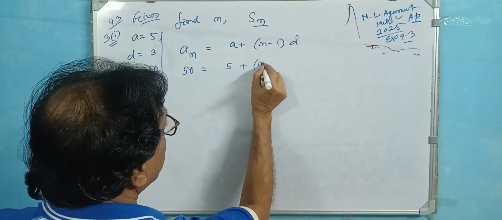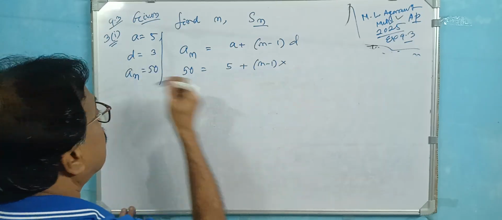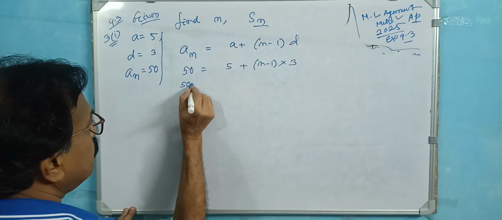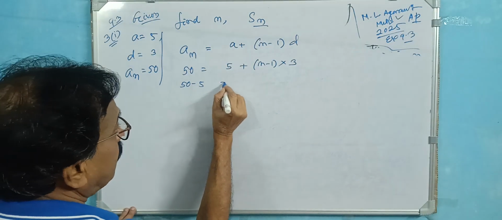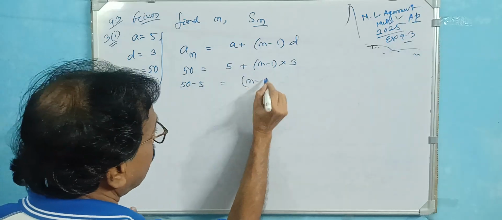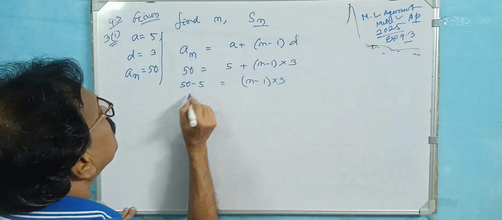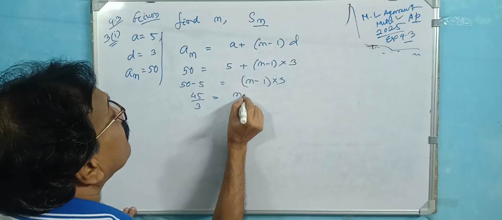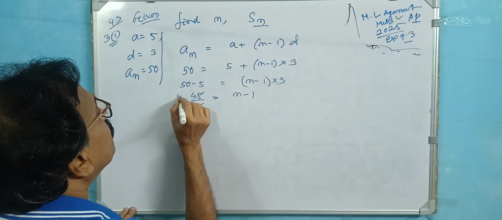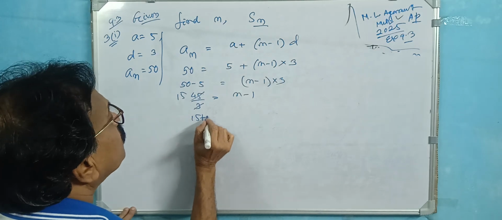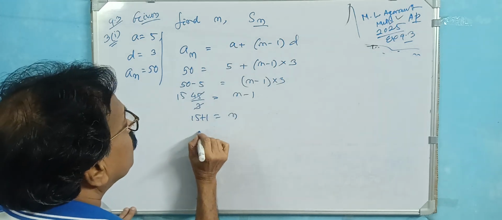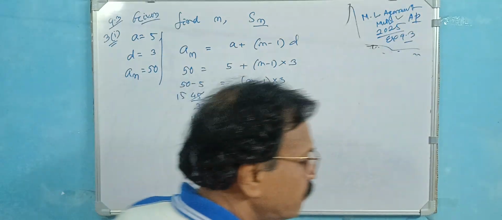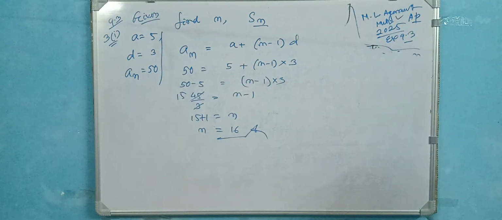So 50 minus 5 is equal to n minus 1 into 3. So this is 45. 45 by 3 is n minus 1, so this is 15. So 15 plus 1 is n. What is the value of n? 16. No problem, it's clear.